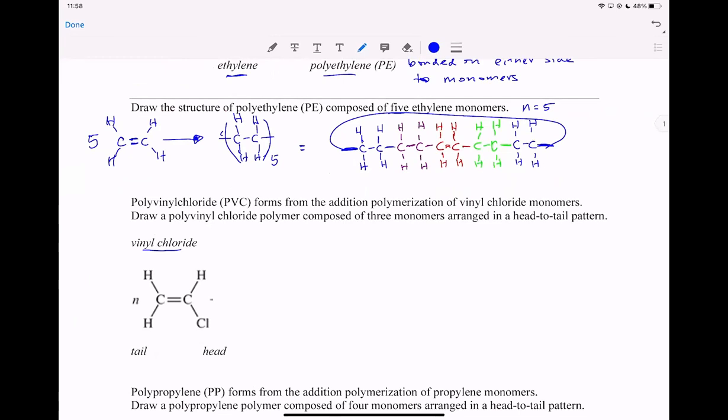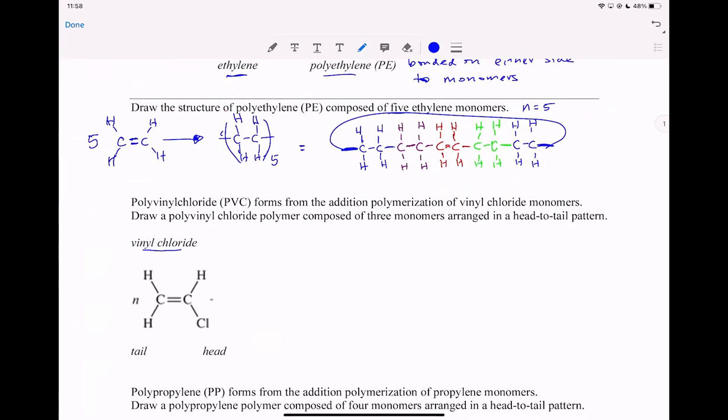And so when you are given the structure, you just need to know how many monomers. And then for these monomers that are not symmetrical, you have to understand that there are those pattern possibilities. There's the head to tail, or there's the head to head, tail to tail, or there's random. There are 3 possibilities.